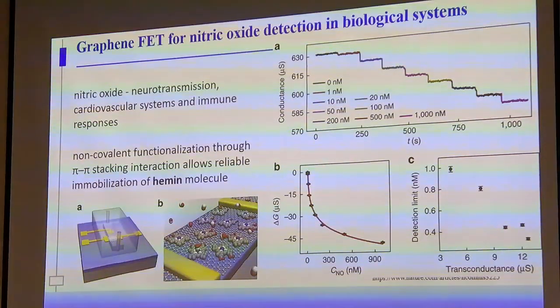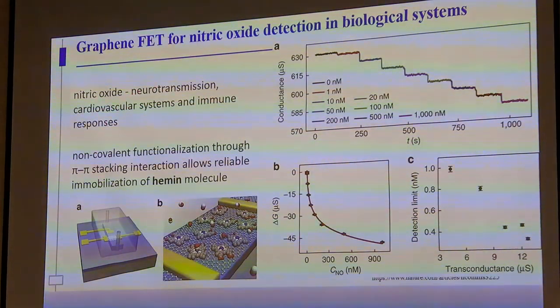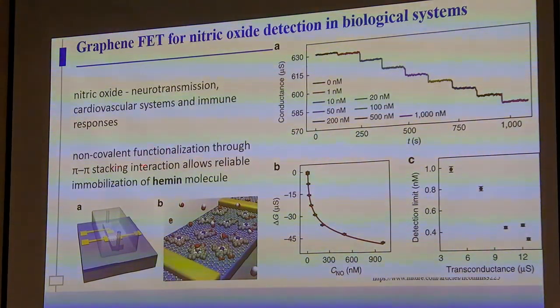This is another example, about a graphene FET for NO detection, nitric oxide detection in a biological system. Why nitric oxide? Because it's a very important molecule for the cardiovascular system and immune response. Here we use non-covalent pi-pi stacking of an amine molecule.